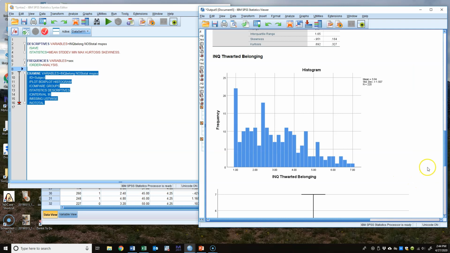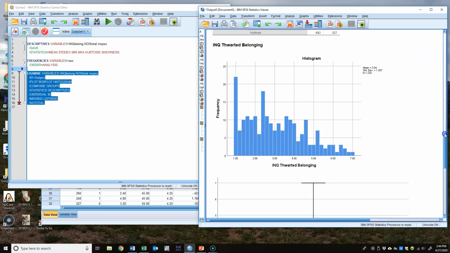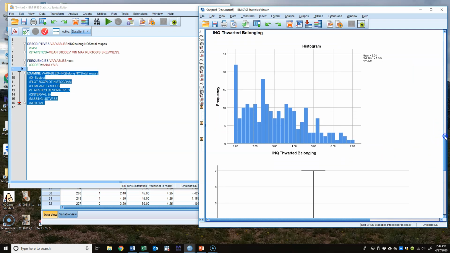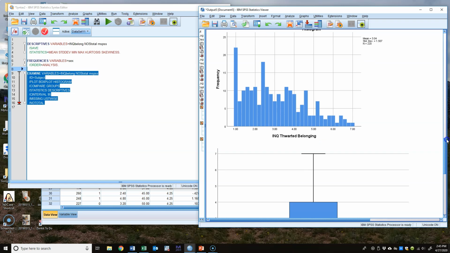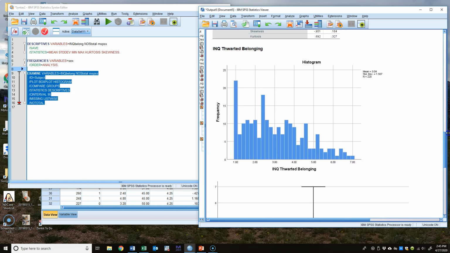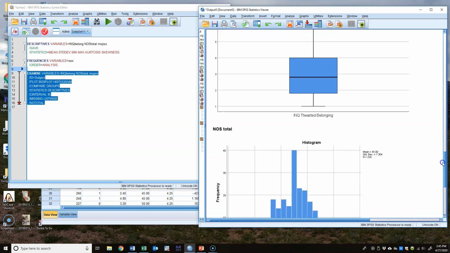For thwarted belongingness, I'm seeing some level of positive skew, a little bit, with most people reporting low levels of alienation and isolation, and as the distribution increases, some higher levels here. But otherwise it doesn't look terrible in terms of our distribution.